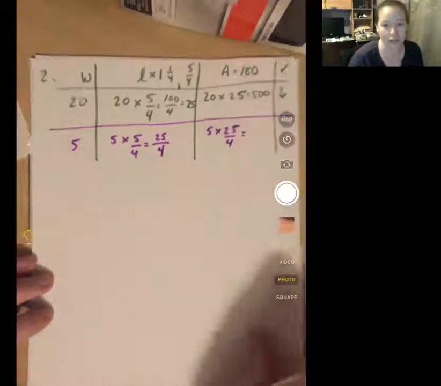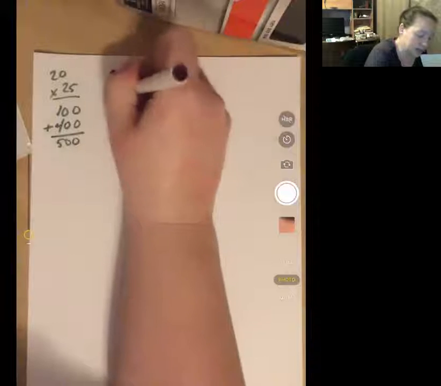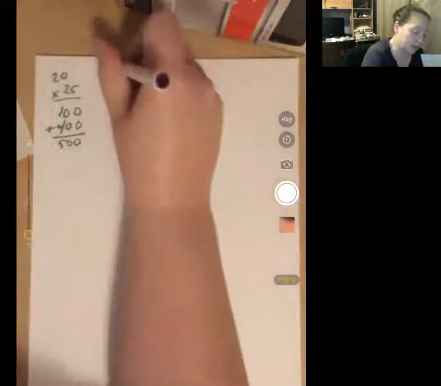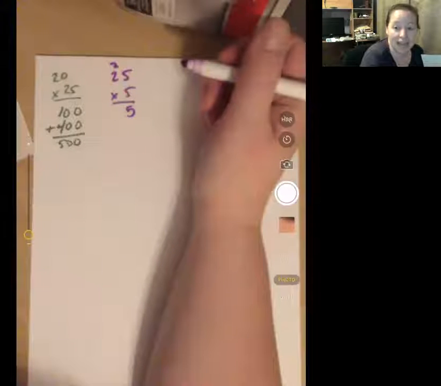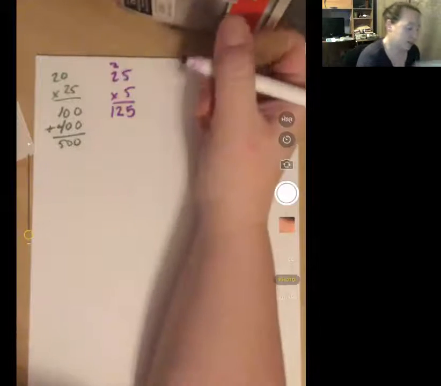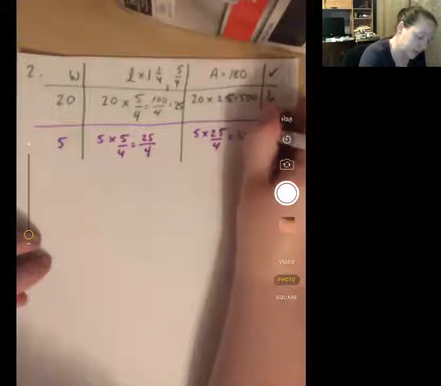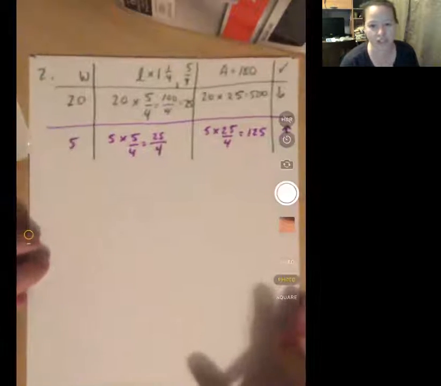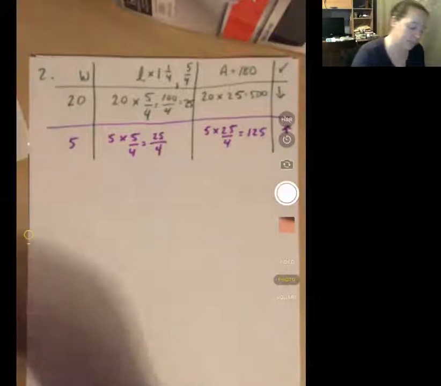So I need to do 5 times 25, or 25 times 5, as the case may be. 5 times 5 is 25. 2 times 5 is 10, plus the 2, 125. So this is equal to 125. I need to go up, but not all that much. That actually isn't too bad.